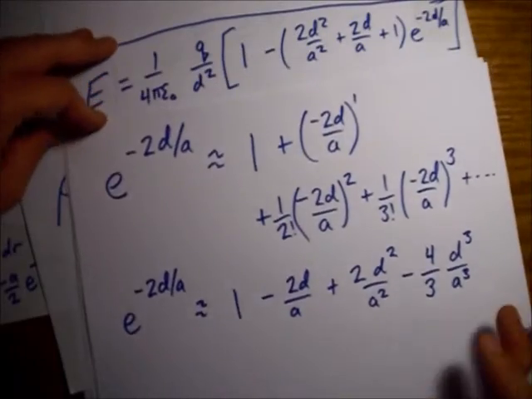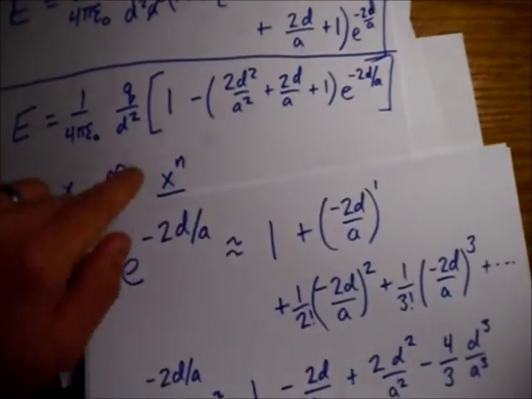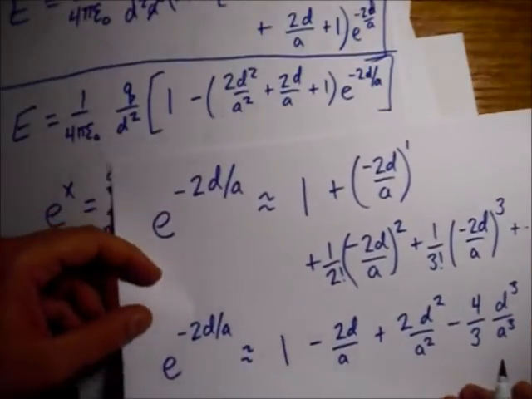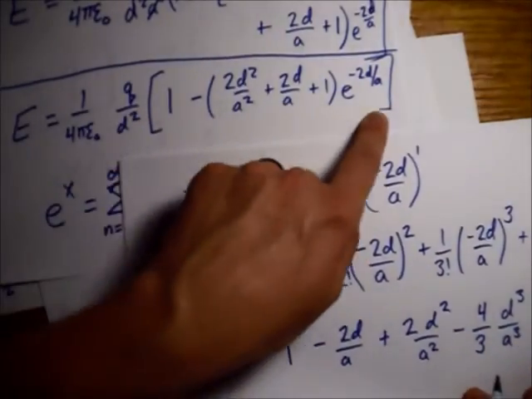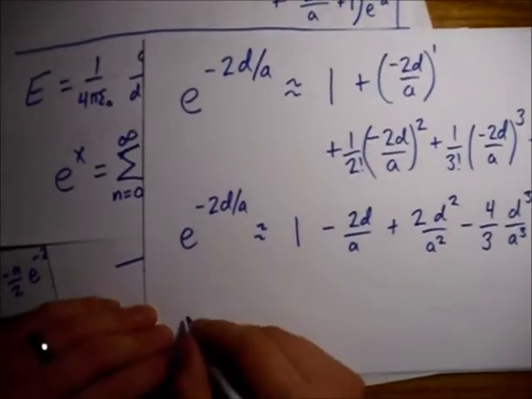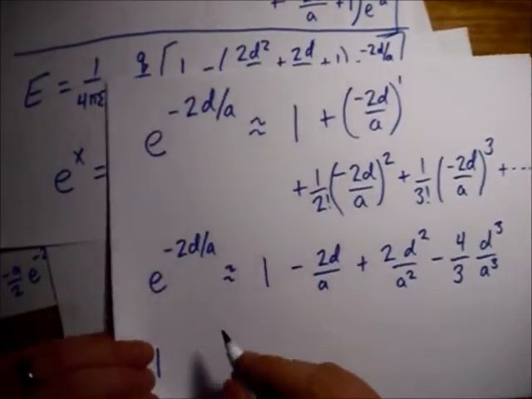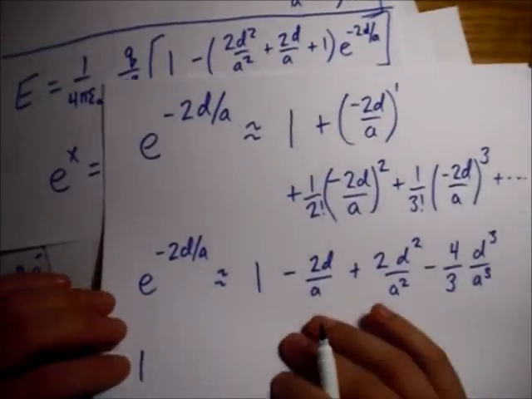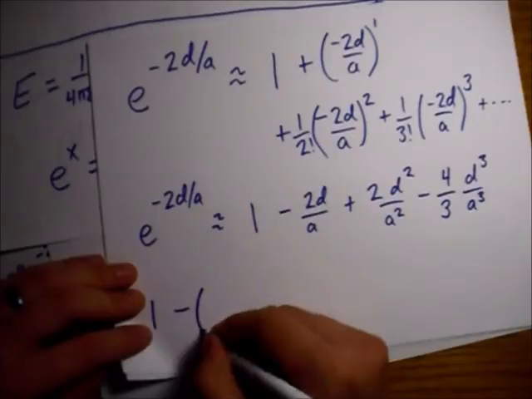So now we're going to go back and look at the term inside the brackets. If I look only at this factor inside the brackets, let me write that out. 1, and I'm going to keep the minus sign here.